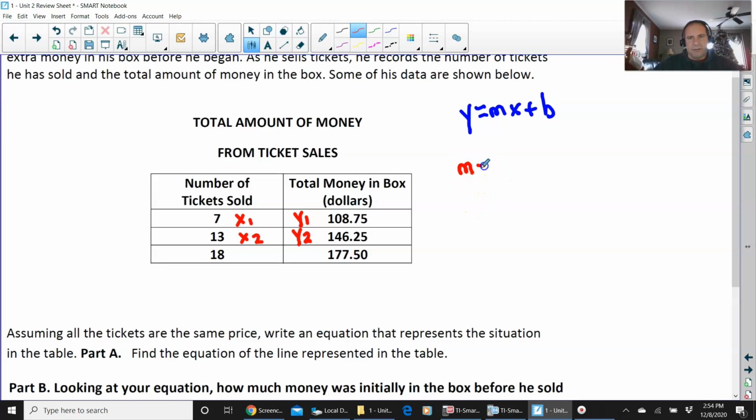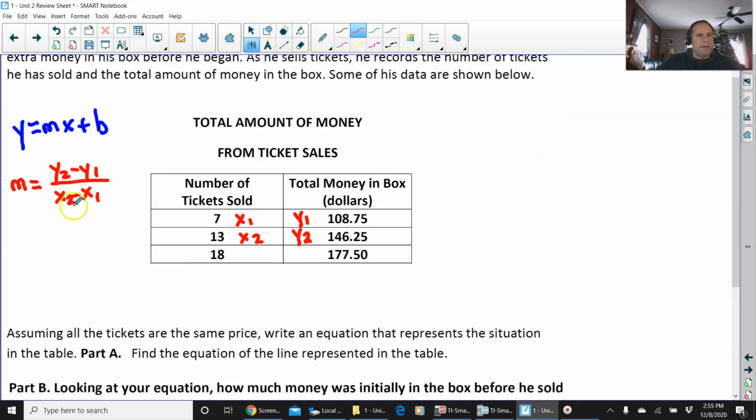So y2 minus y1. I move that over. That's my slope formula. I'm going to set up my slope fraction line and the two minus signs.